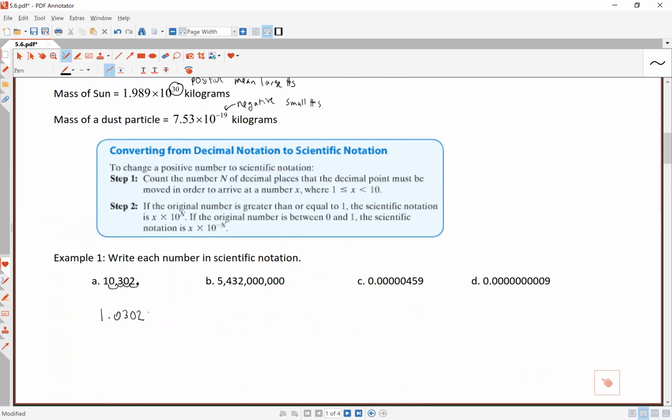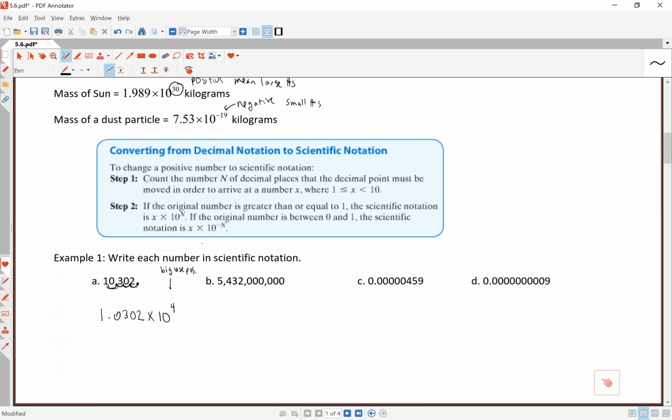Now I need to offset that movement by stating how many times I moved it. I moved over once, twice, 3 times, and 4 times. And if it's a big number, like 10,000 is a big number, use a positive exponent. 1.0302 times 10 to the 4th.